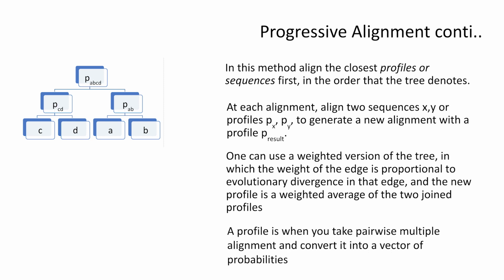A profile is when you take a pairwise multiple alignment and convert it into a vector of probabilities. You can see in this hierarchy that C and D are clubbed by p_CD, and A and B are clubbed, giving the probability of AB, and the probability of CD and the probability of AB result in the probability of ABCD. The third one is called iterative refinement.